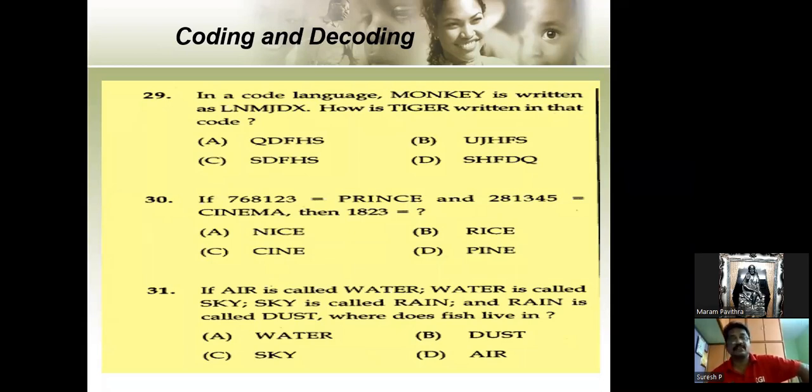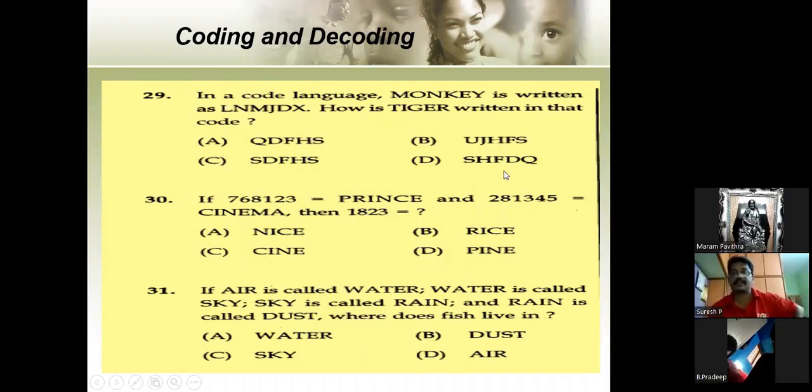E, D, E. So D is the previous one. R, P, Q, R. Q is the previous one for the letter R. So S, H, F, D, Q is the correct answer. Is it clear? You have to identify these things. This is very, very important.